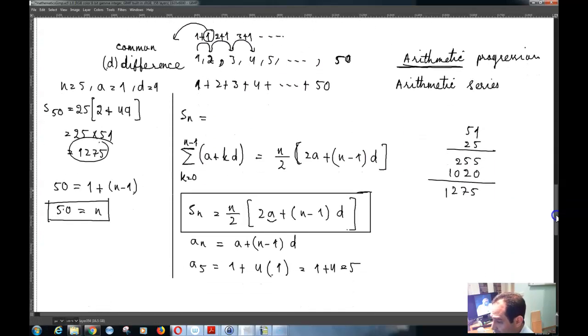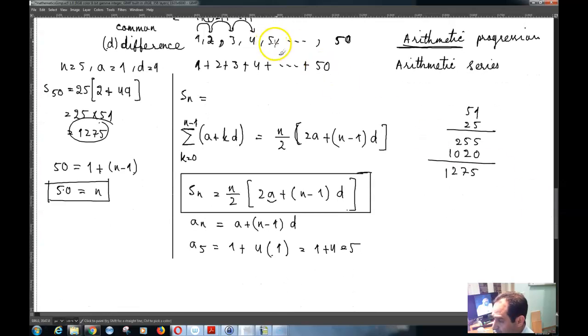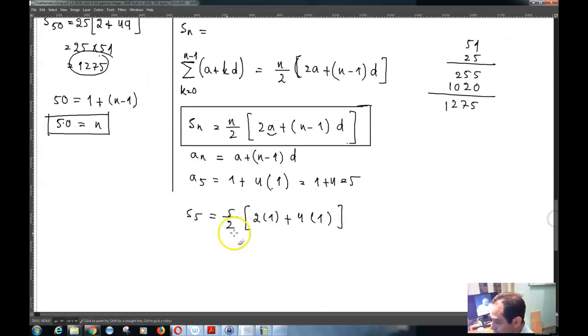Now, just to work a little bit with this, suppose you want to find the sum of the first 5 terms of this arithmetic progression. Again, you can use the same formula. S of 5 is equal to n divided by 2, 5 divided by 2, times 2a, 2 times 1, plus n minus 1, which is 4 times 1, which is 5 divided by 2 times 6, which is 15.